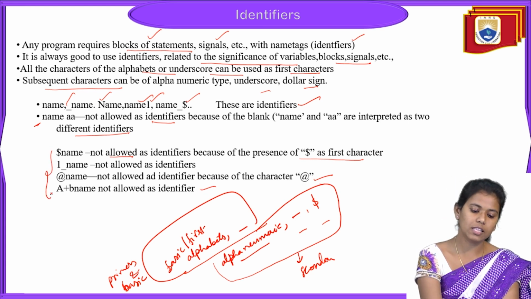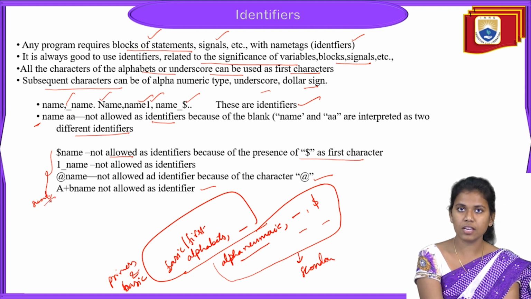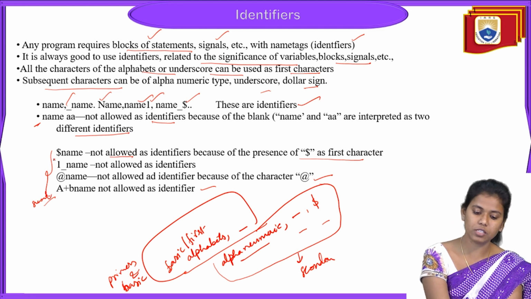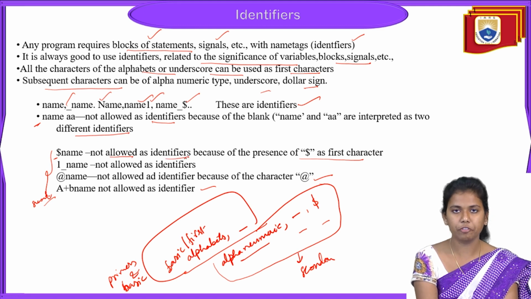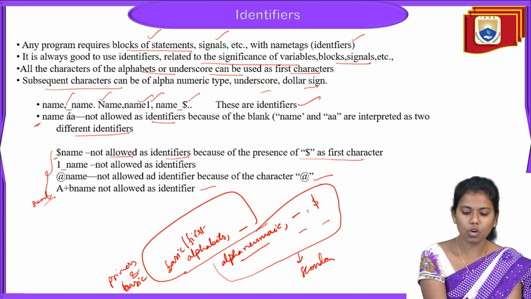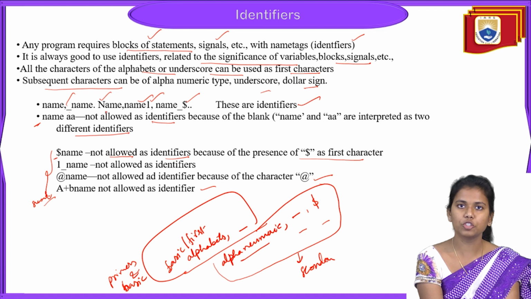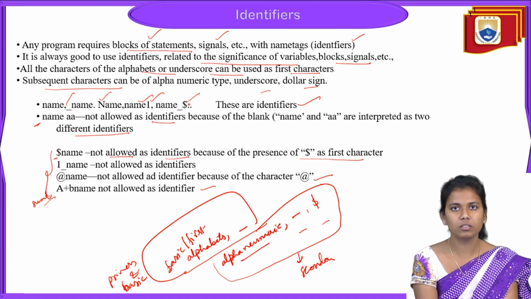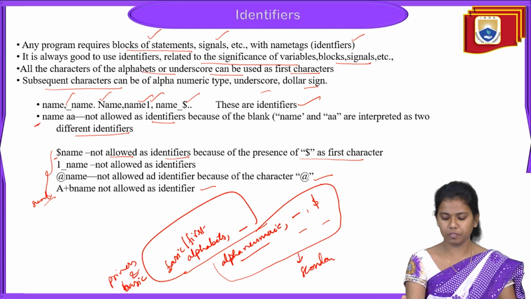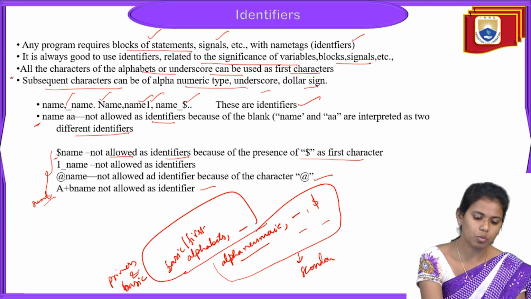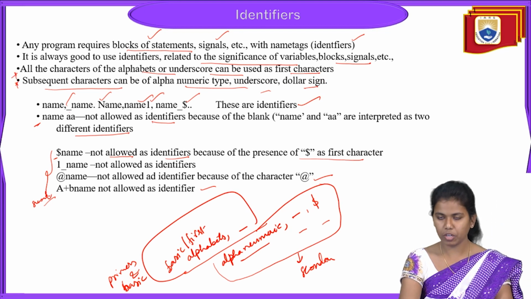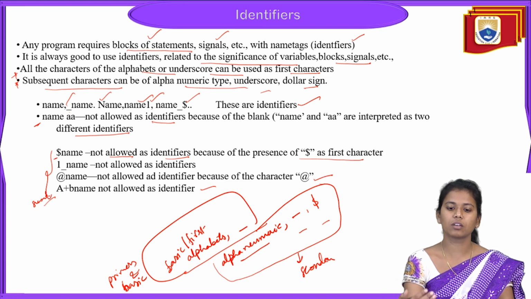Only the first character would be underscore, or alphabets, and the subsequent characters could be alphanumeric, underscore and dollar. These two are the important points to remember when writing a program using identifiers.